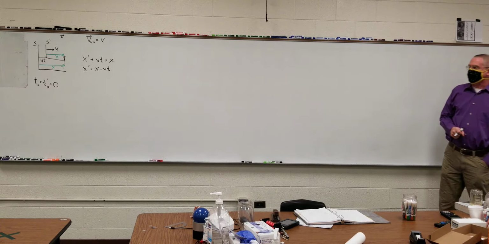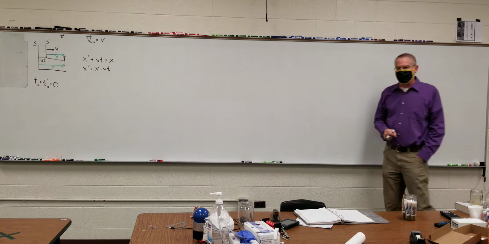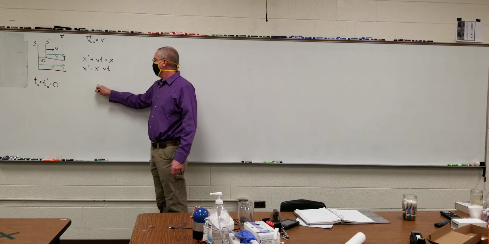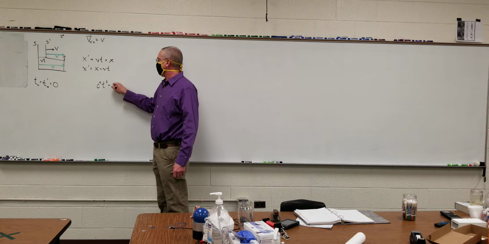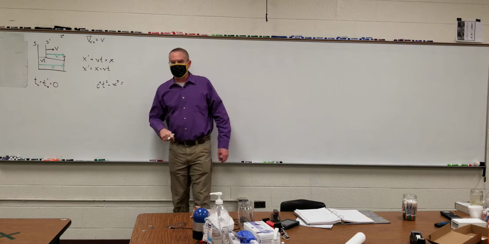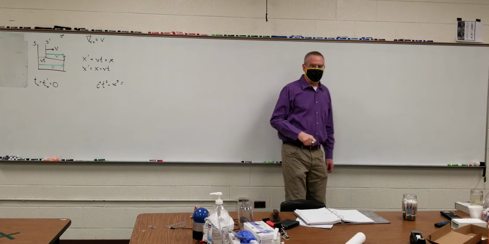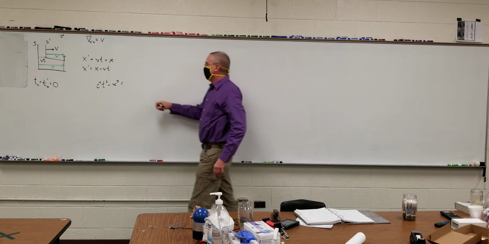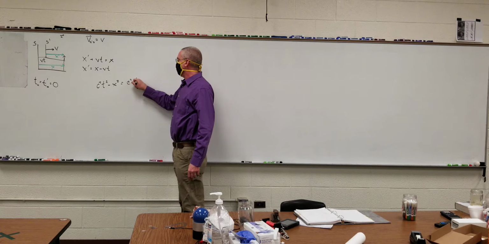And just to show that this is incompatible with special relativity: in special relativity, we did show that c squared t squared minus x squared is equal to some constant. No matter what reference frame you're in, this is one of the two invariants, the other invariant being the speed of light. So this would be equal to c squared t prime squared minus x prime squared.